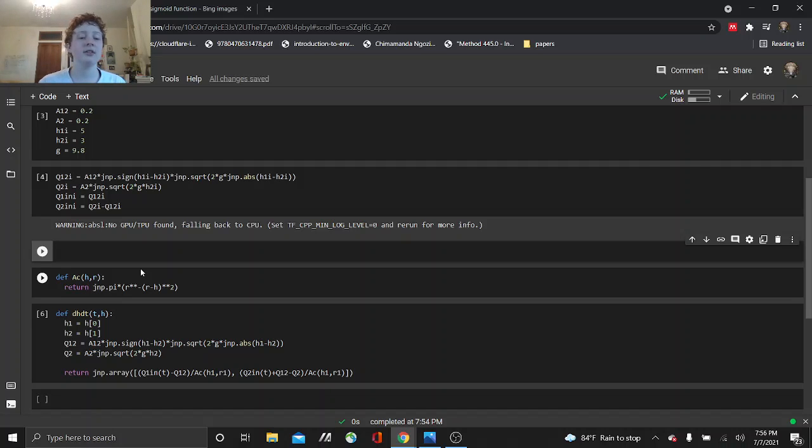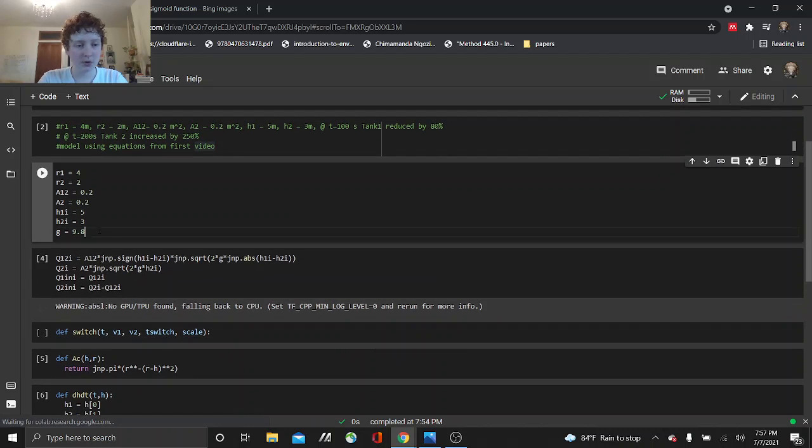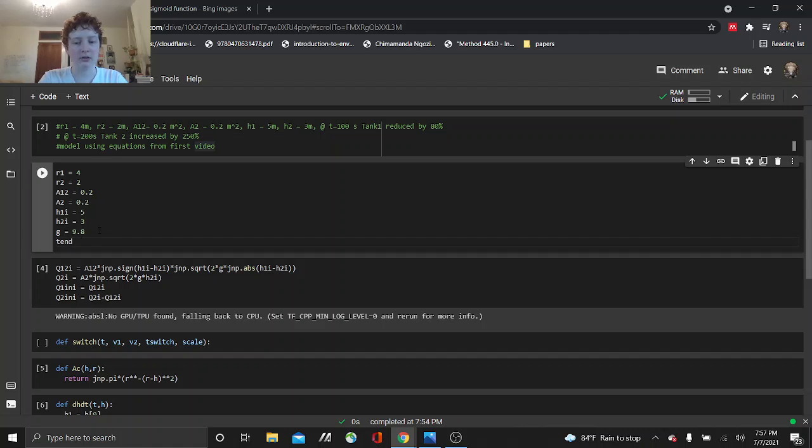And so what I'm going to do now is go in and define this sigmoid function, which we're going to call switch. Its inputs are going to be the time, V1, V2, then the time that the switch happens, and then the scale. And actually, I also want to put in a time frame.